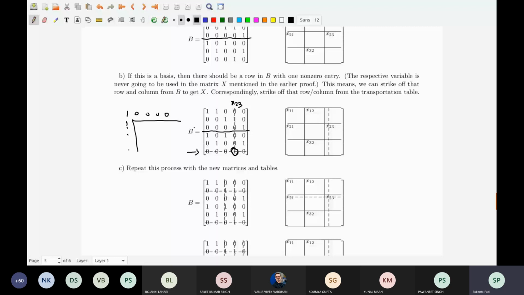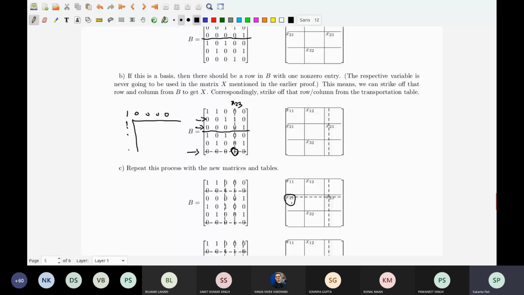The second row corresponds to the second row of the table. Notice that the second row of the table has one unstruck variable. The x23 was there, but it was already struck. Okay, so we found one more line containing one unstruck variable and strike that off.